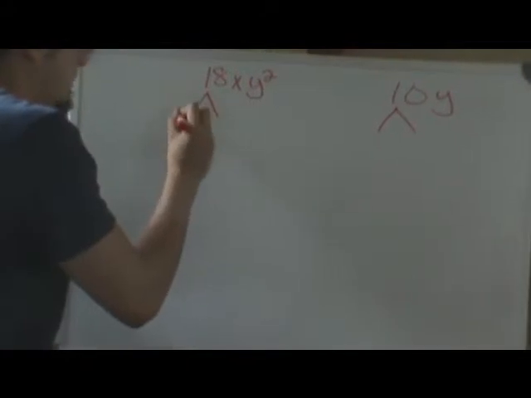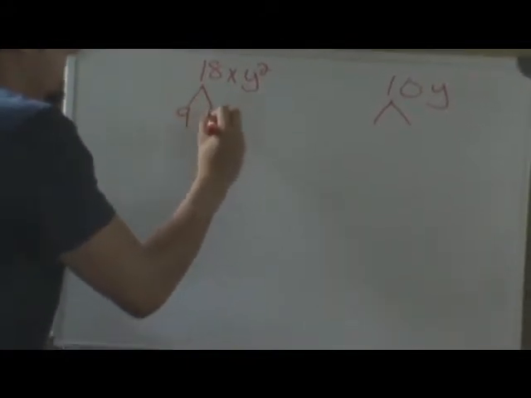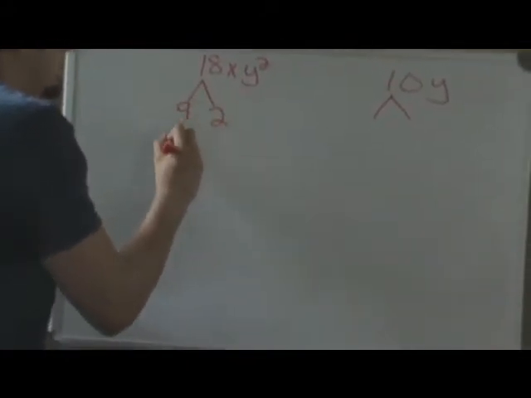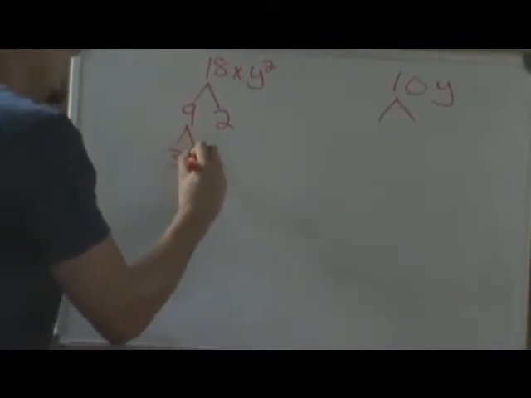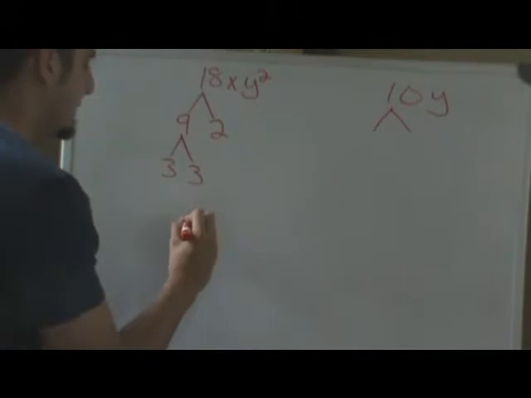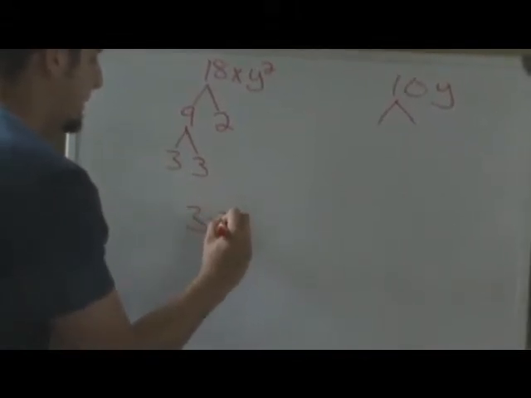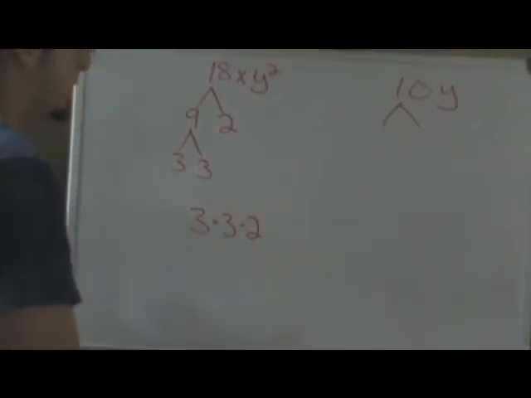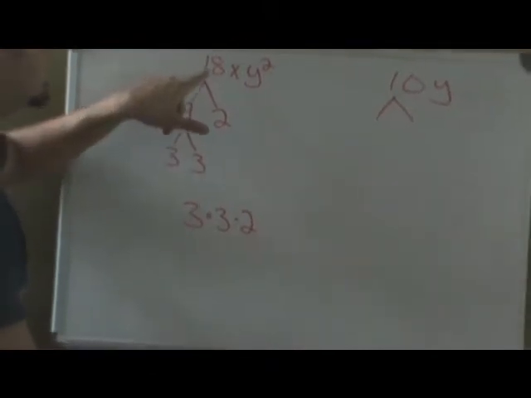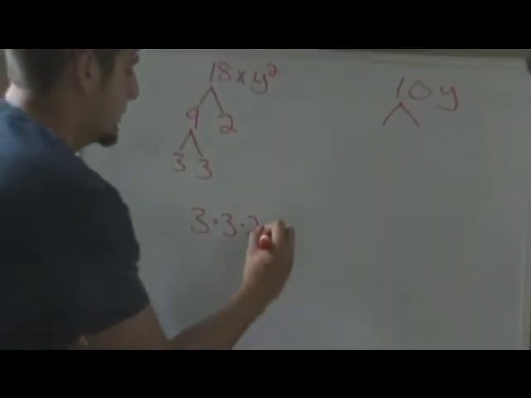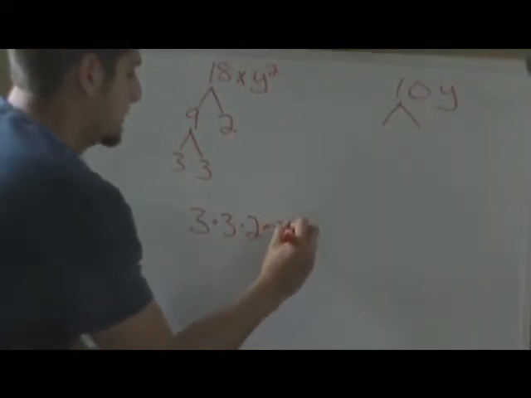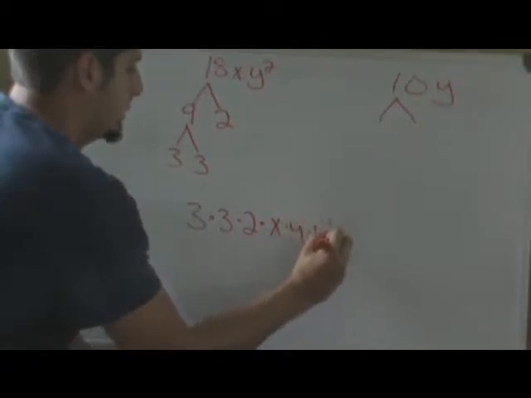The prime factorization of 18, we can break that down: 9 times 2, 3 times 3. So the prime factorization of 18 is actually 3 times 3 times 2. The prime factorization of 18xy squared would actually be 3 times 3 times 2 times x times y times y.